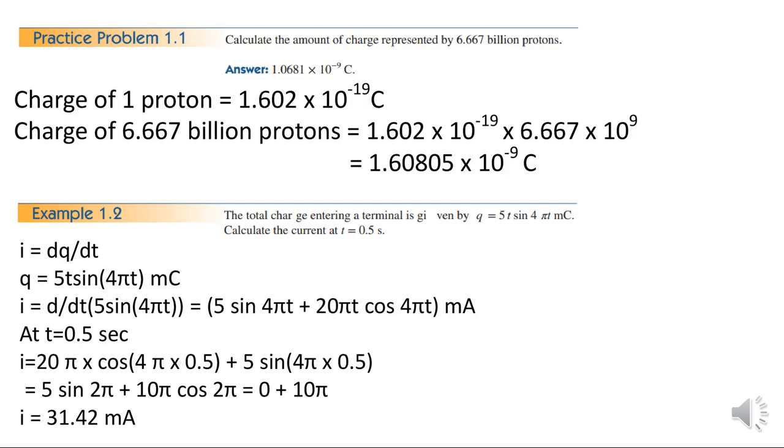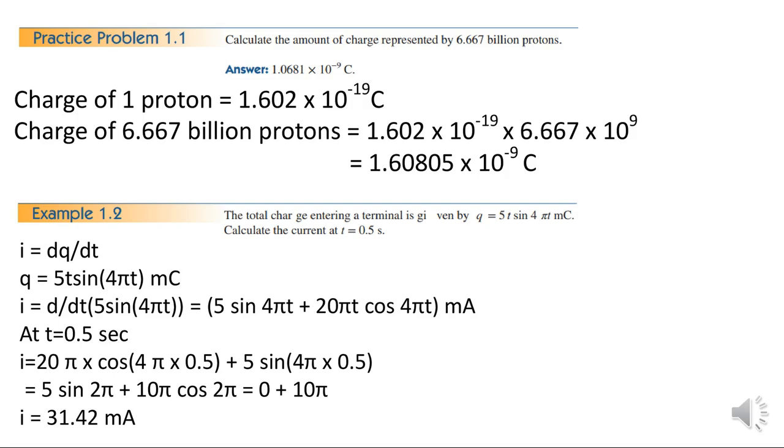At time 0.5 seconds, we see the current is 20πt cos 4πt, which is 20 × π × 0.5 multiplied by cos(4π × 0.5), plus 5 sin(4π × 0.5), which is 5 sin 2π.